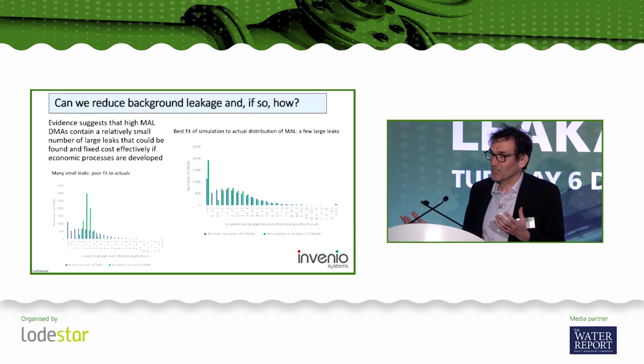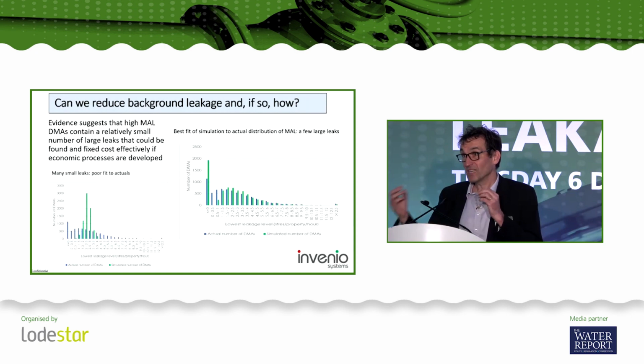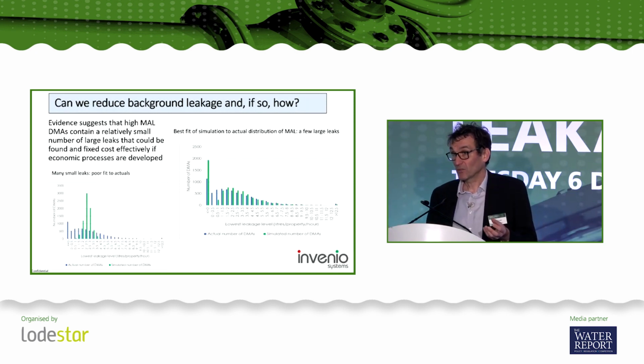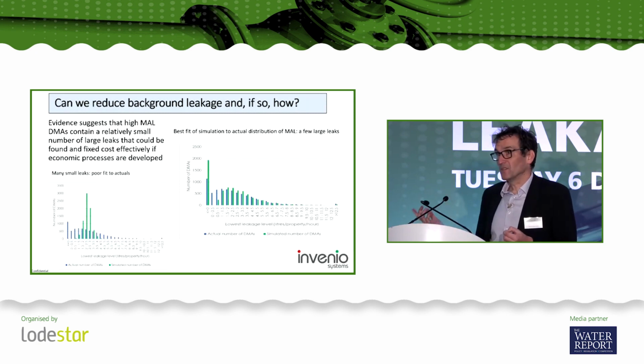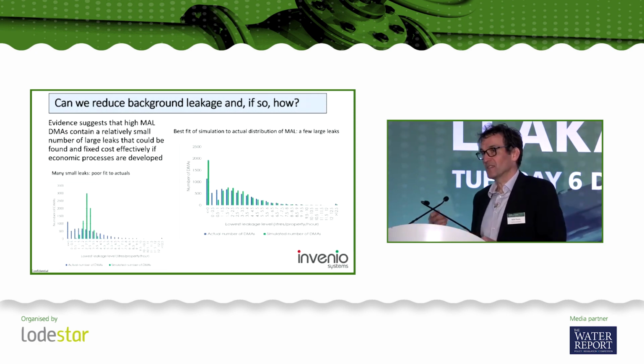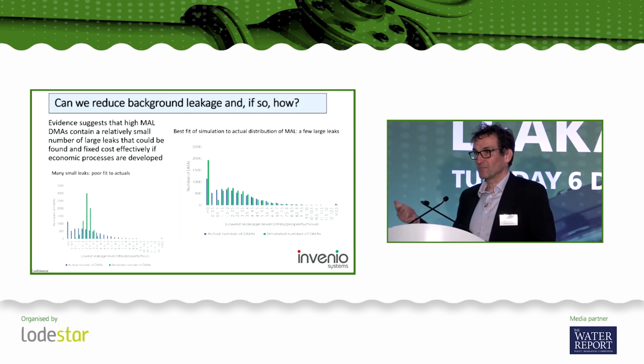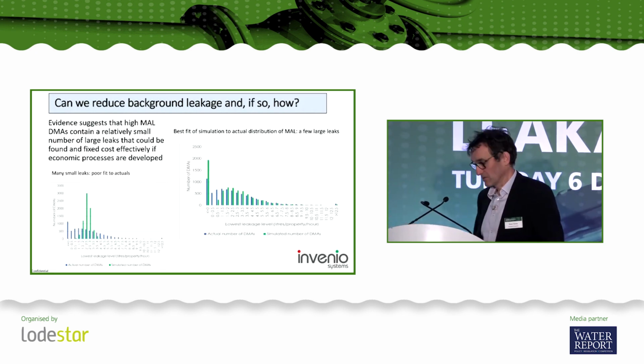It's circumstantial evidence, but it seems to indicate that minimum achieved leakage could be a relatively small number of quite large but hitherto hidden leaks that have gone undetected for a long time. It doesn't have to be just leaks, it could be undetected gross errors in estimation caused by various issues. But a small number of large things rather than a large number of small things.